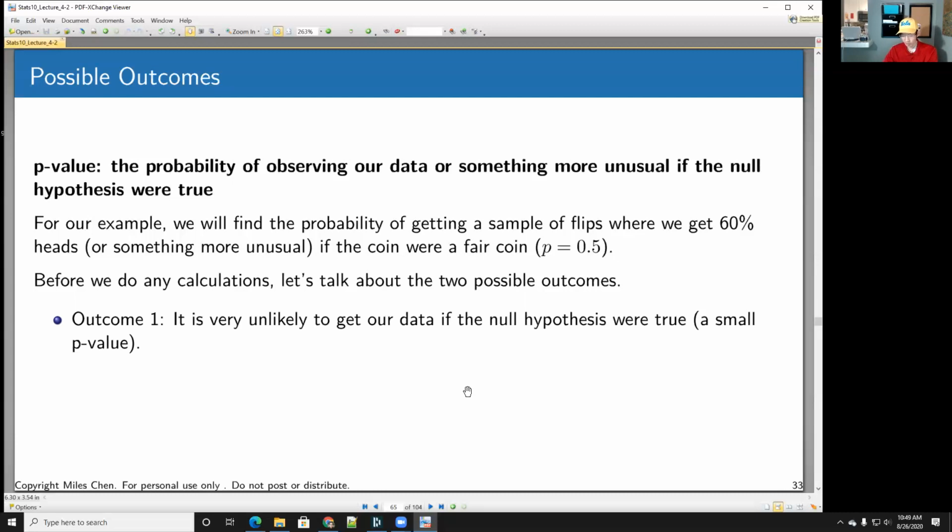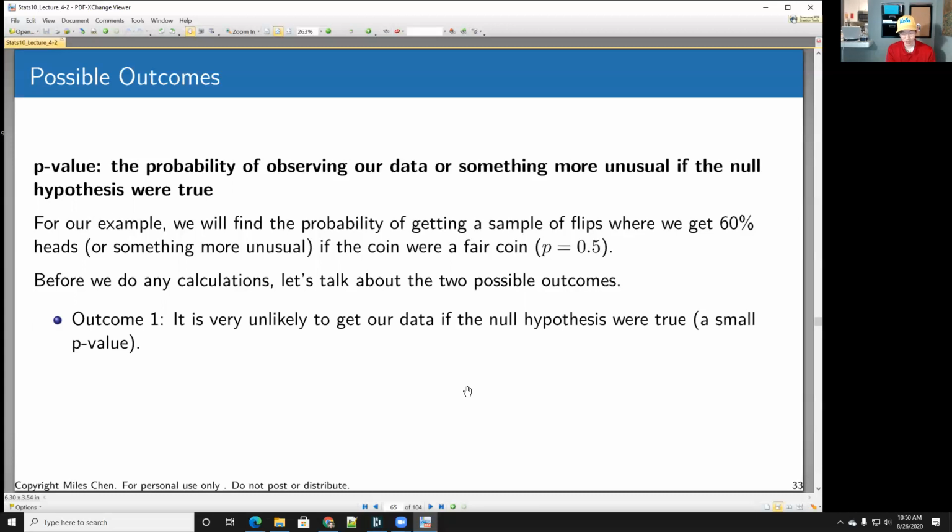With 1,000 coin flips, we would find that it's very, very unlikely to get 600 heads out of 1,000, or anything even more extreme, because we're expecting something around 500 heads out of 1,000. If we go through the calculations, it's almost impossible to get 600 heads out of 1,000 coin flips.